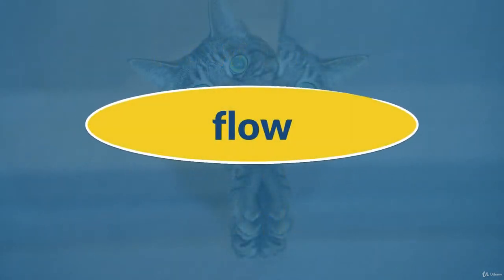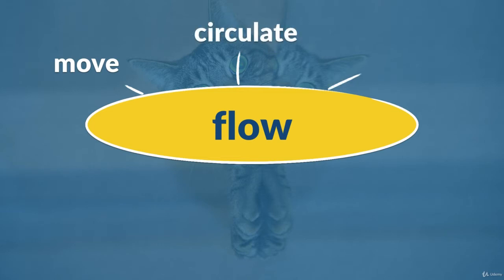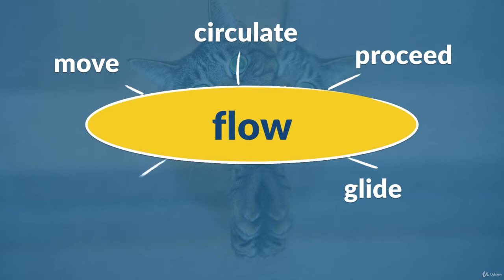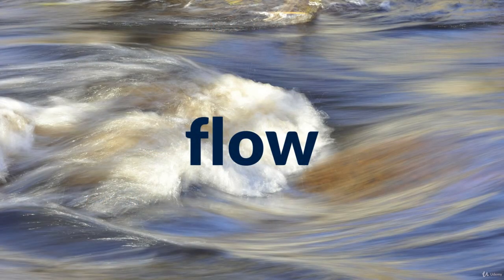Some synonyms: move, circulate, proceed, glide. And pour. Pour has a sense of fast movement. So water pours into the valley. A lot of it moves into the valley. Flow.